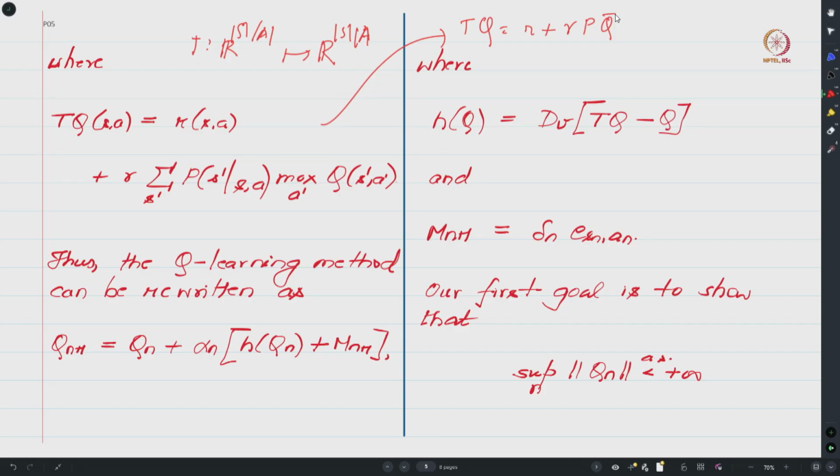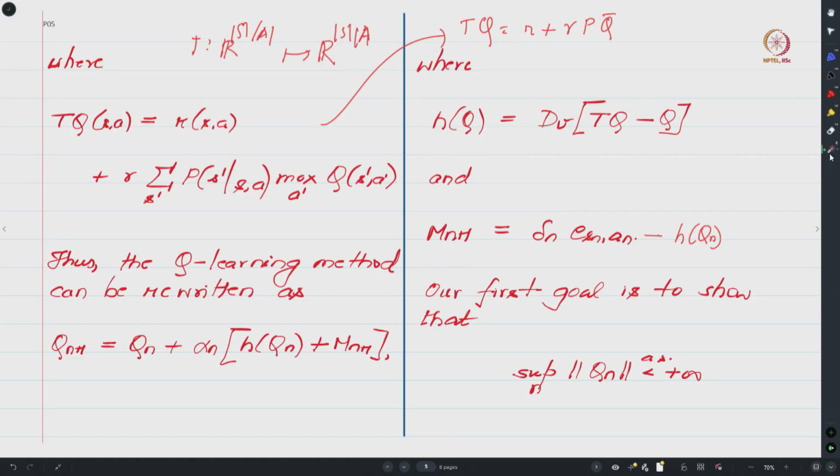So this is what we have, and hence the Q learning method can be written in the following way, that is Qn plus 1 is Qn plus alpha n times h of Qn plus Mn plus 1, where h of Qn is this expression, and Mn plus 1 is basically delta n E Sn An minus h of Qn.